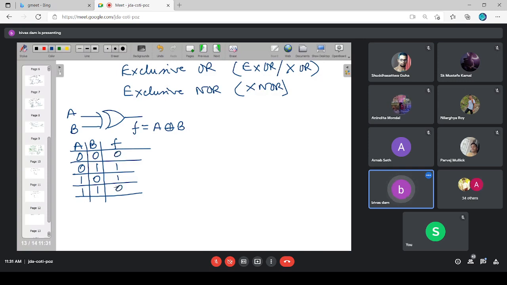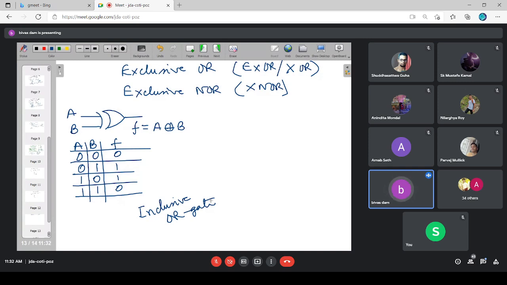What is the difference with the normal OR gate? For 1 1 the XOR output is 0. In the case of the normal OR gate, for that input combination also, the output is 1, true. So that normal OR gate or simple OR gate is also sometimes referred to as inclusive OR gate.